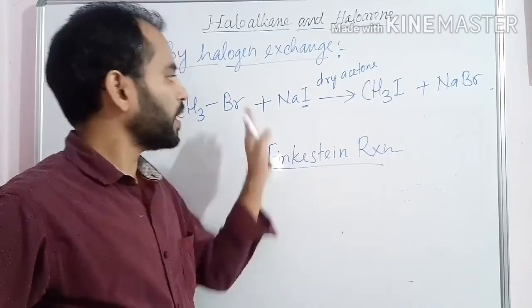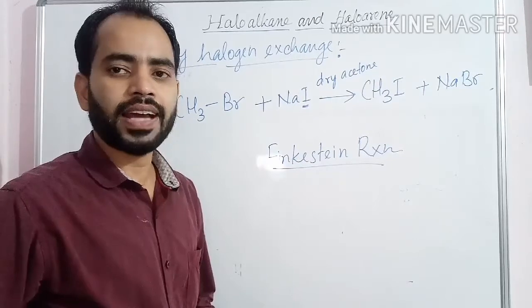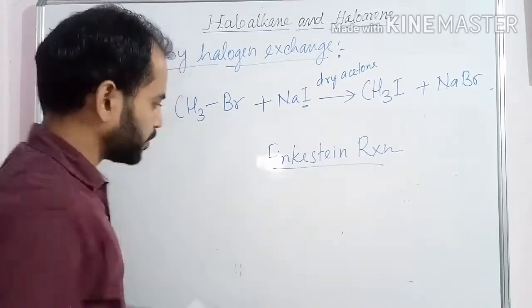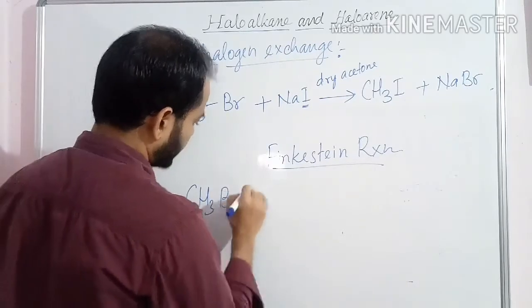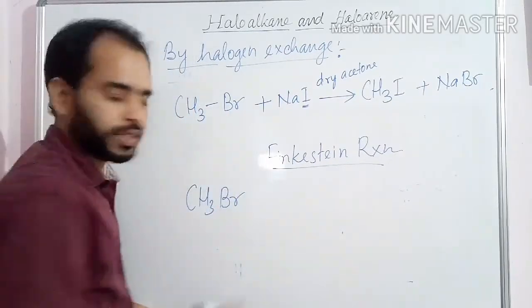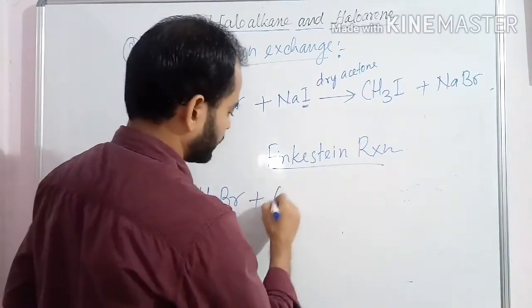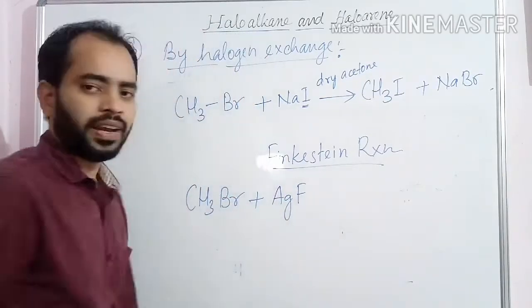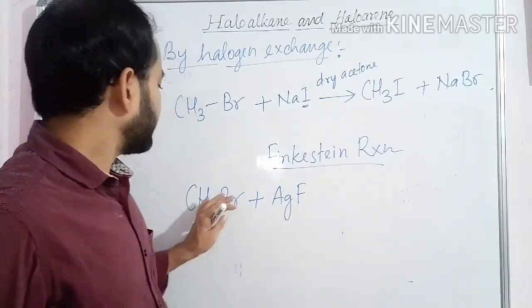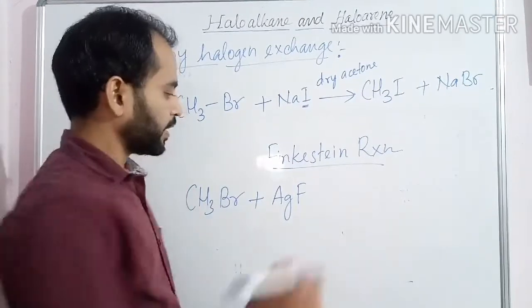If you want to prepare a fluoro compound, meaning alkyl fluoride, then what we have to do? Suppose we take the initial product, methyl bromide, and get it reacted with silver fluoride. Then what happens?